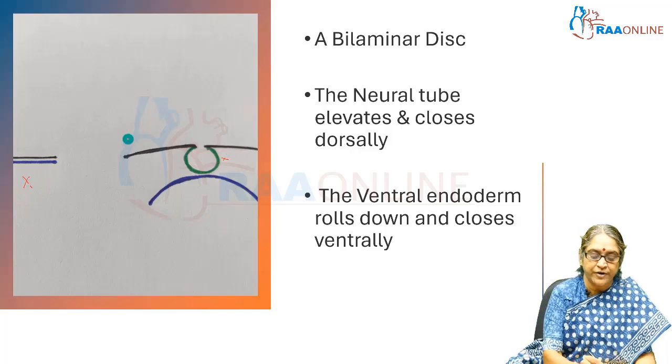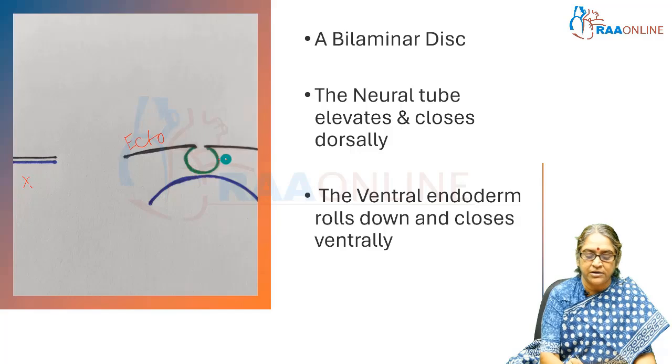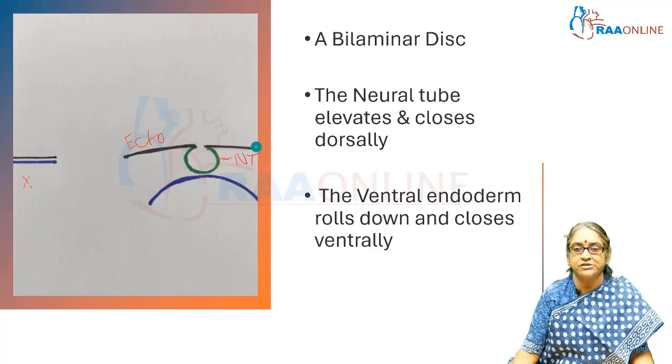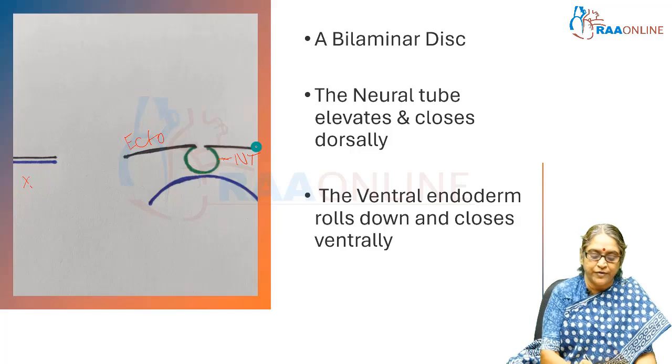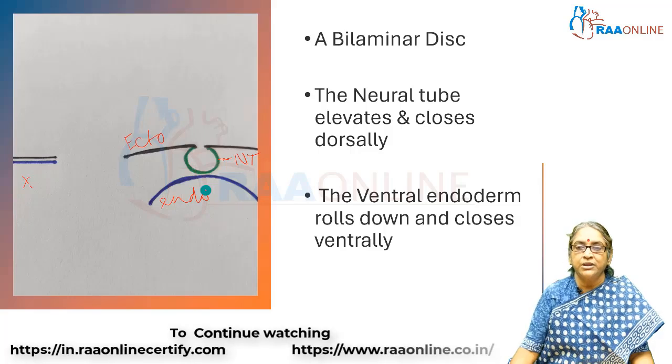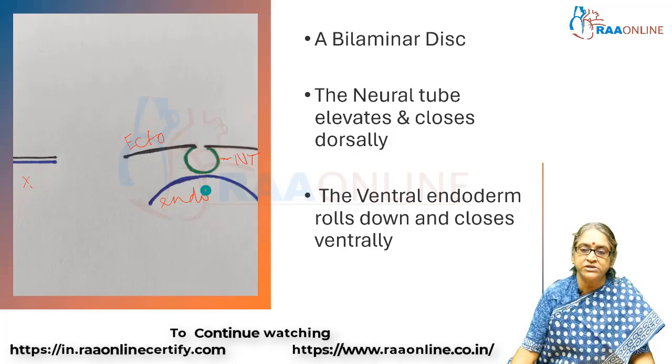So here you find this is the ecto, and here is the neural tube, and the neural tube has folded dorsally and closes. And here you find the endo, which is trying to fold ventrally. So we can say the neural tube elevates and closes dorsally. The ventral endoderm rolls down and closes ventrally.